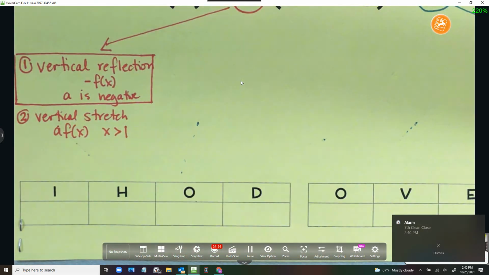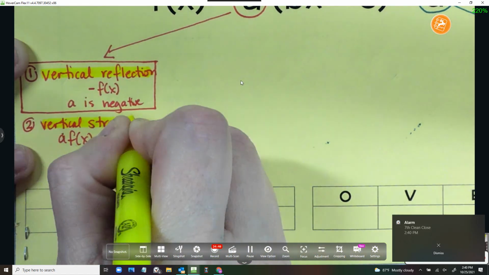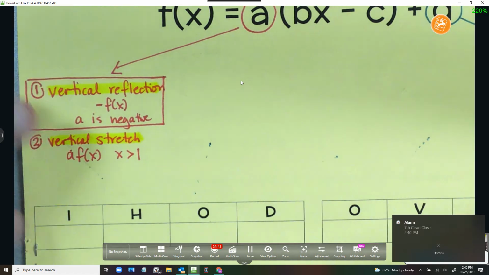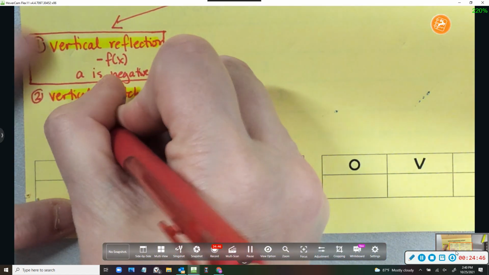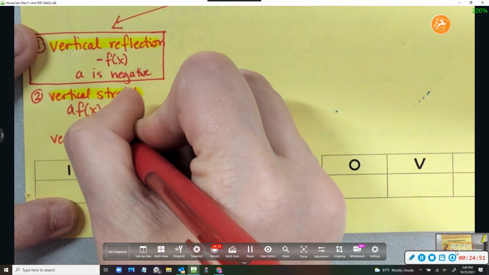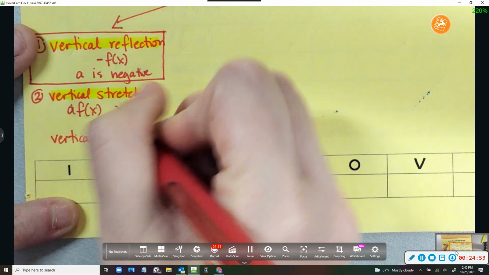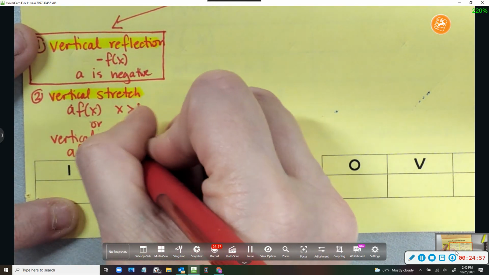So I'm going to highlight these. Again, you don't have to, but maybe at least underline them. Or we could see a vertical compress. And that's also A f of x where A is less than 1.